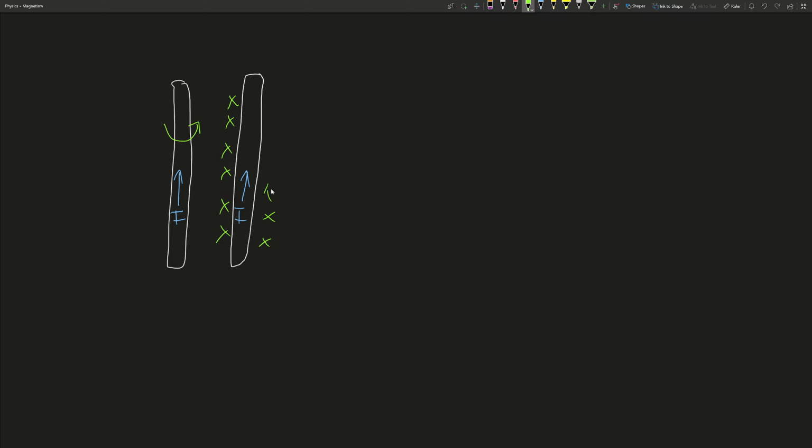So this wire will be inside of a magnetic field. Since this wire, if we assume it's thin, we can say that this magnetic field is relatively uniform.